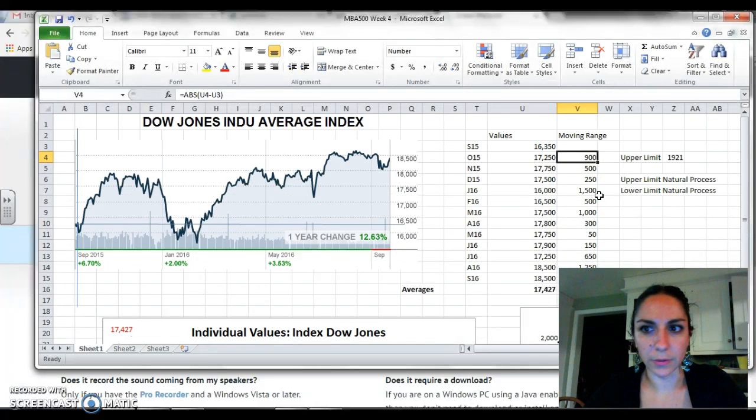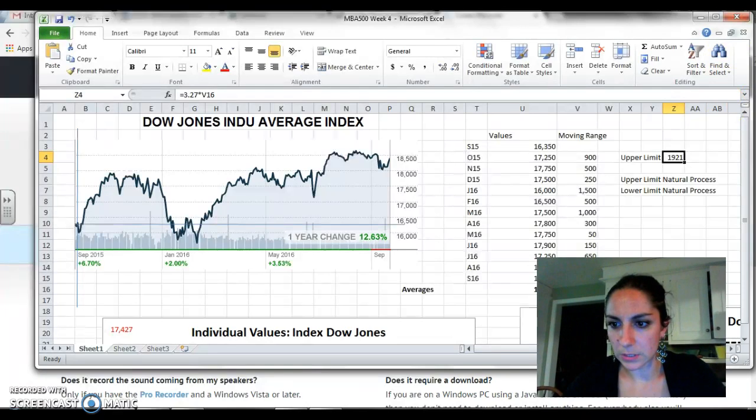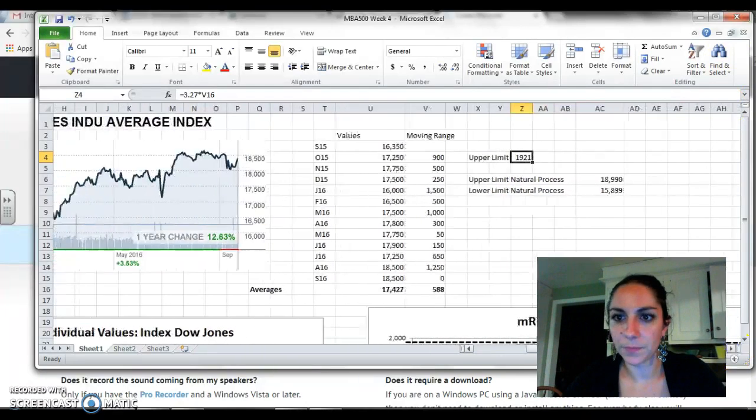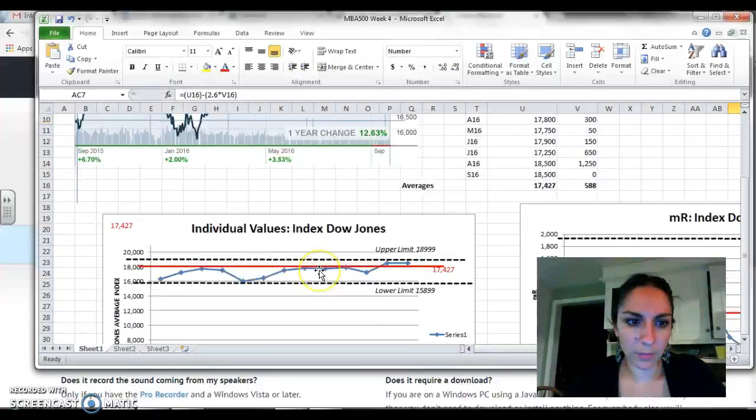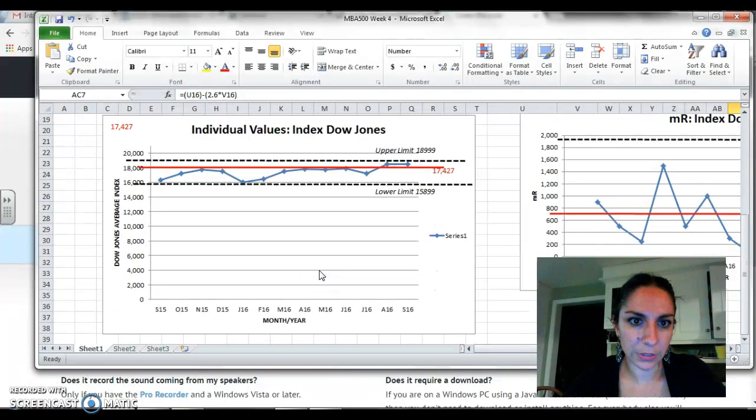Then using the Wheeler equations, I found the upper limit for our moving range. You can see my equation. And then I found the lower and the upper limits right there. Then I went ahead and plotted these, using Excel to do that.